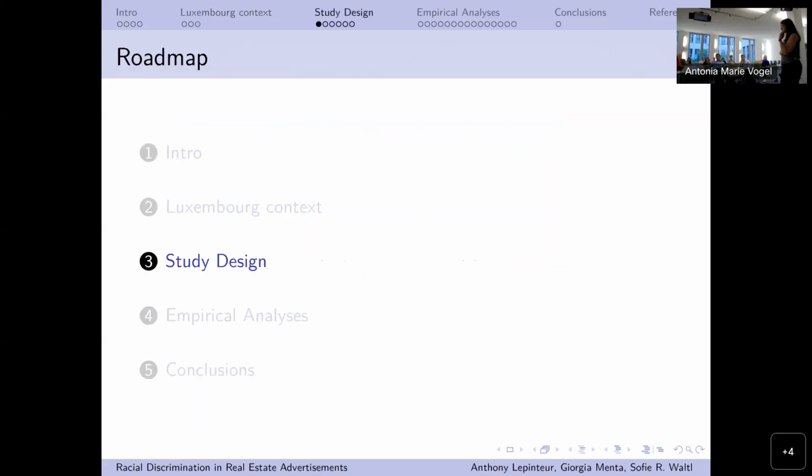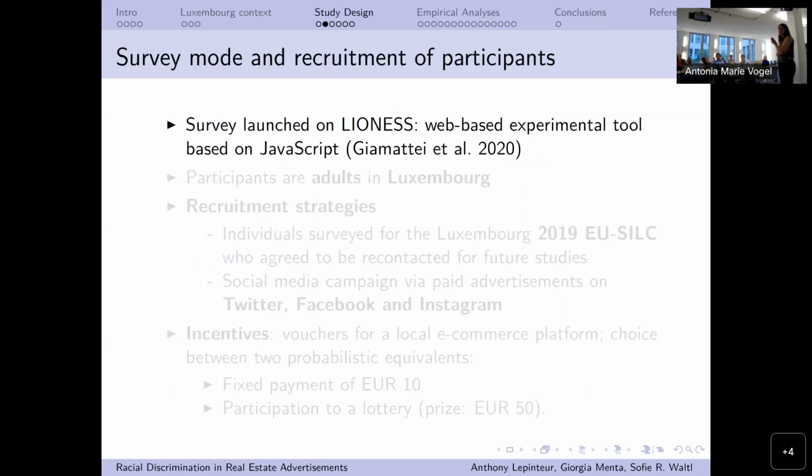Okay, so that's why we check who the groups are that are discriminating and what is driving these overall results. So what we did is launch a survey experiment using the platform Lioness.